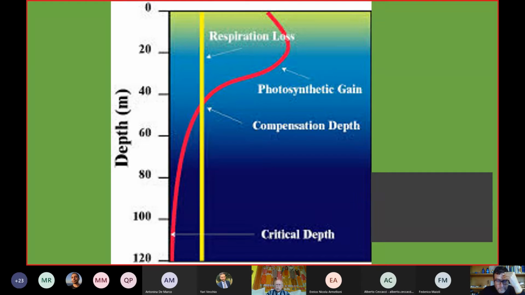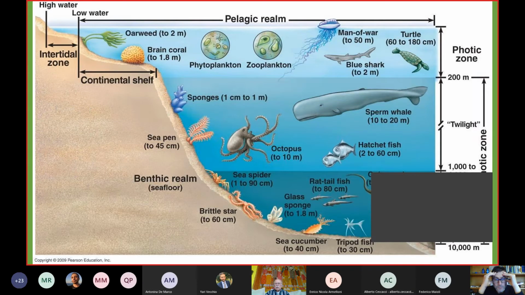But in order to have gains, the area under the red line has to exceed that of the respiration integrated over depth. And the critical depth is the line below which the total respiration exceeds that of the total depth-integrated photosynthesis.